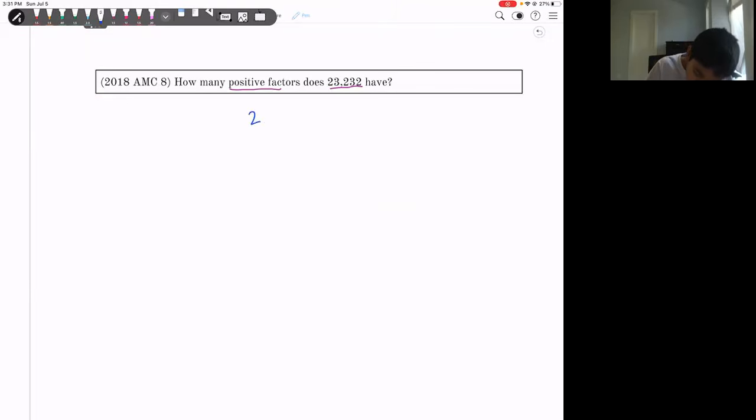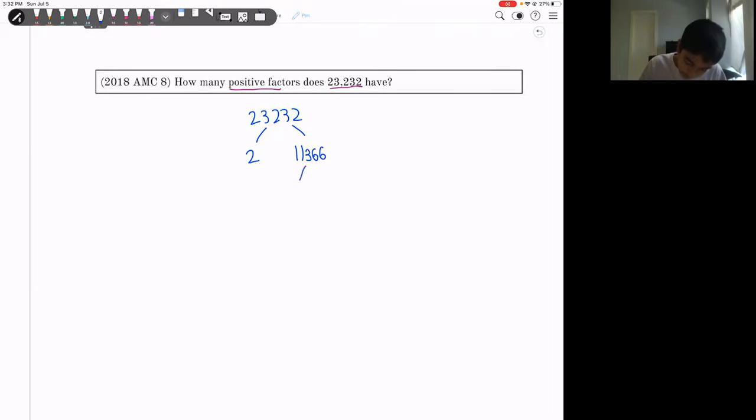So we have 23232. We can divide by 2 because we take out a factor of 2.